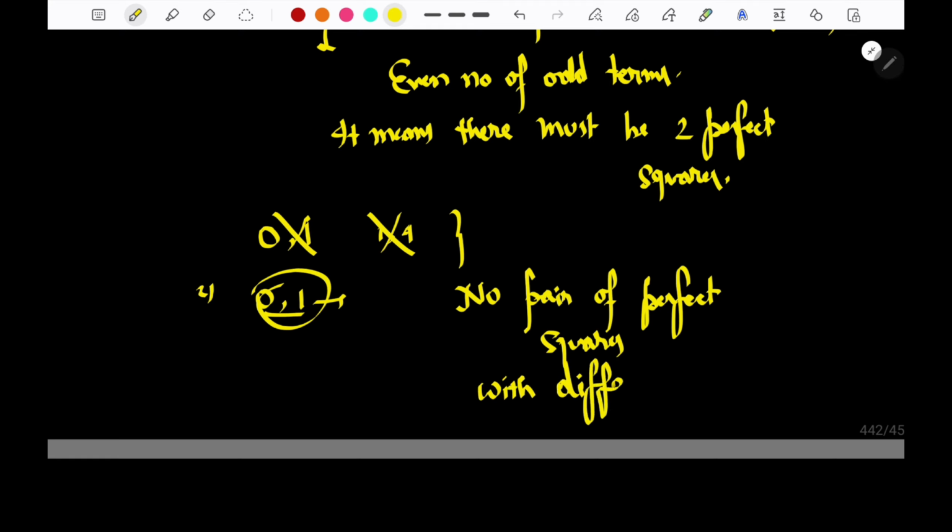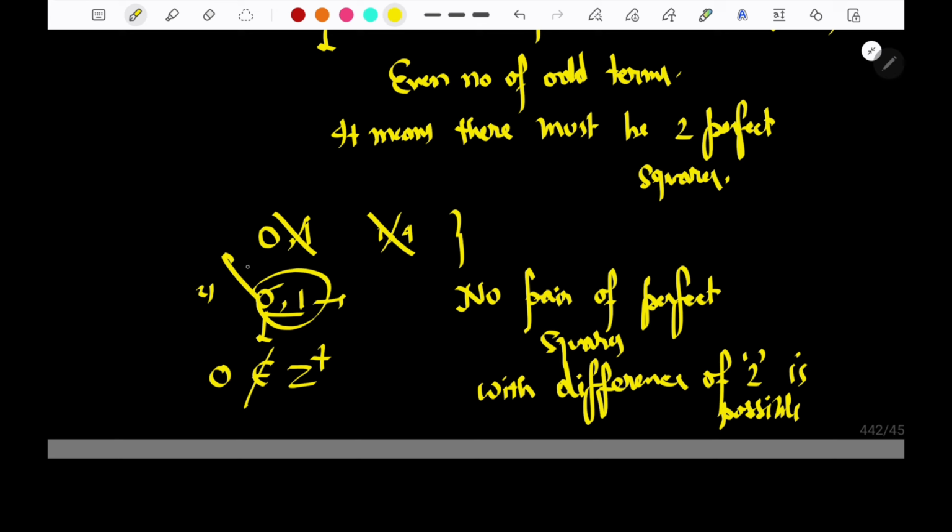So only consecutive integers that are perfect squares are 0 and 1. Okay, but 0 cannot be taken because we need positive integers. 0 is not an element of Z plus, so this case is discarded. So it's not possible.